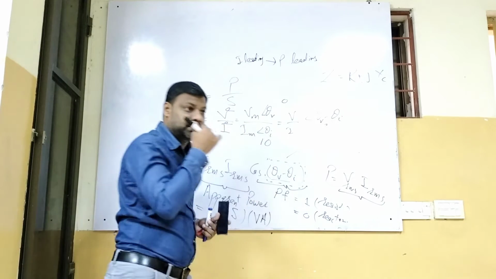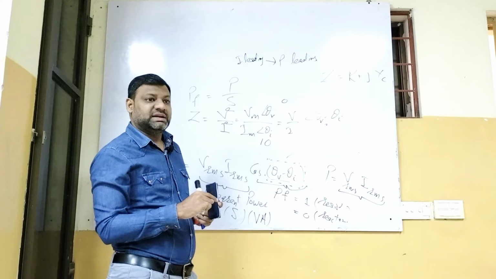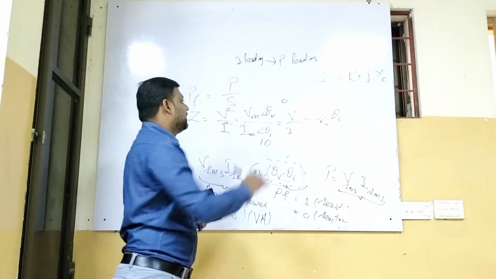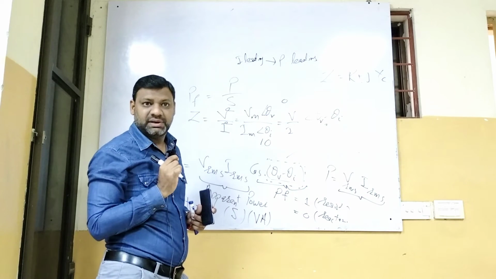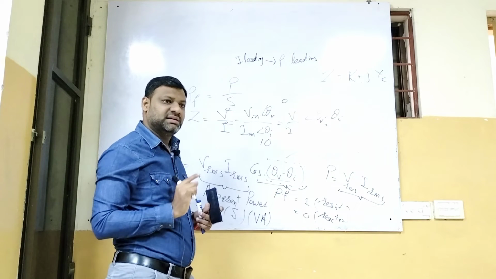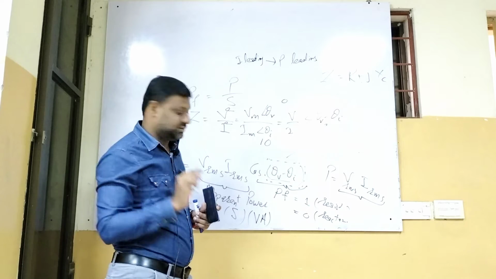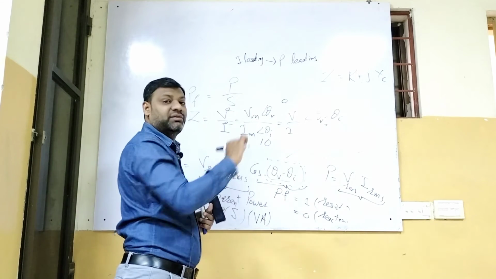Reactance. Which of the reactance part? Capacitor or inductor? Now we are discussing that. If current is leading, that will be a capacitive load, and the power will be leading.